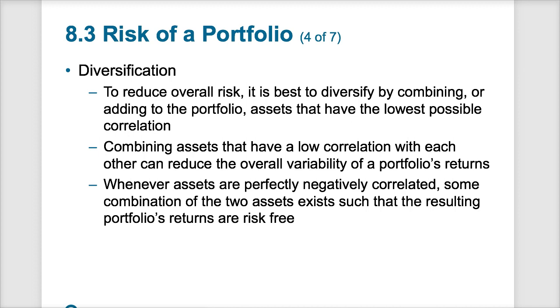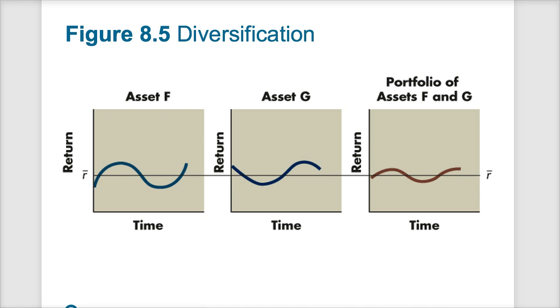We don't want it to be perfectly negatively correlated, which would be a portfolio that returns nothing all the time. So we want some kind of correlation that's in alignment with what our risk preferences are. For example, look at asset F and asset G. If we put these together in a portfolio, we have much smoothed out returns and losses when both assets are together, because their correlations are more of a negative correlation than a positive correlation.